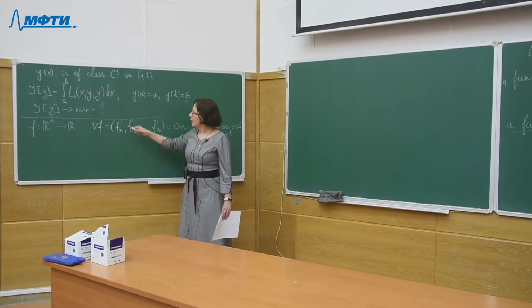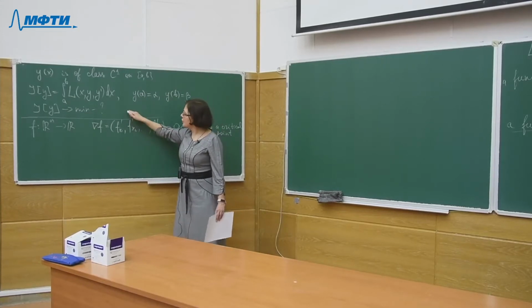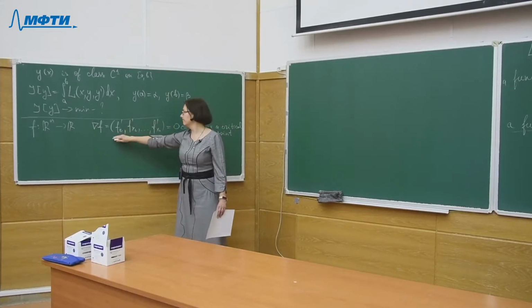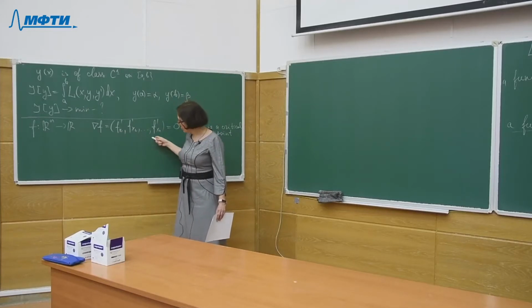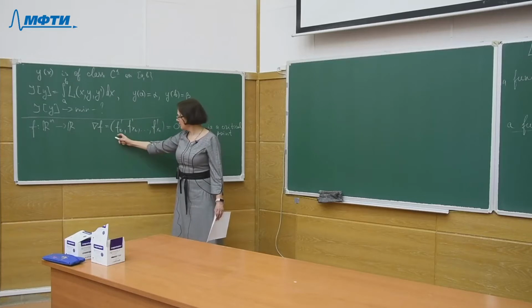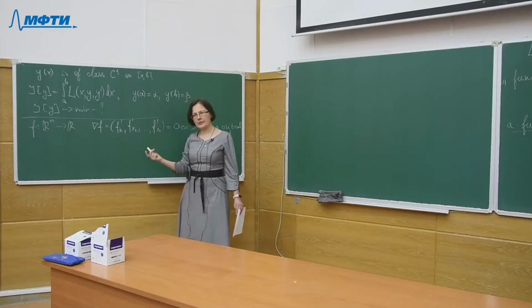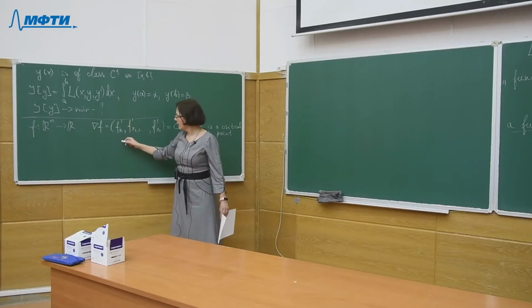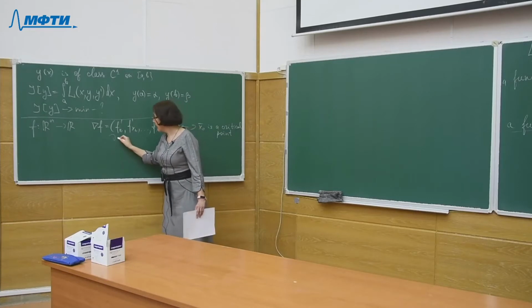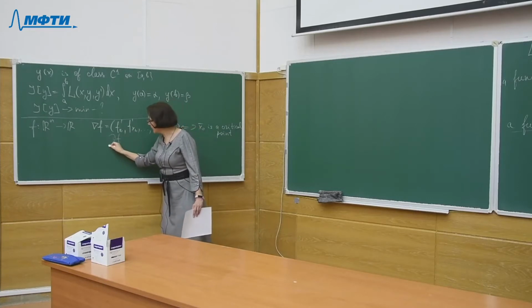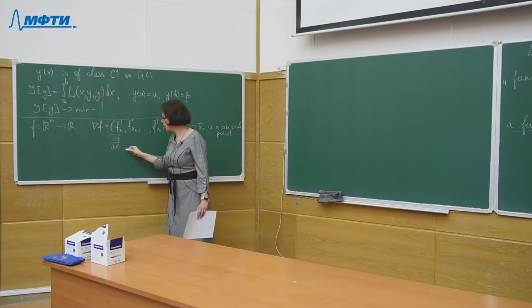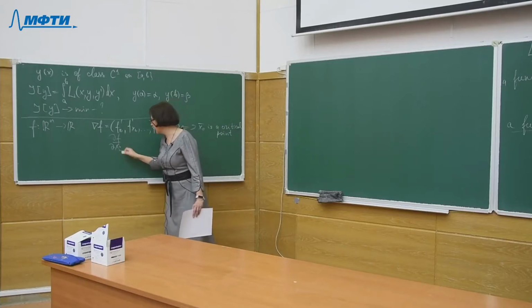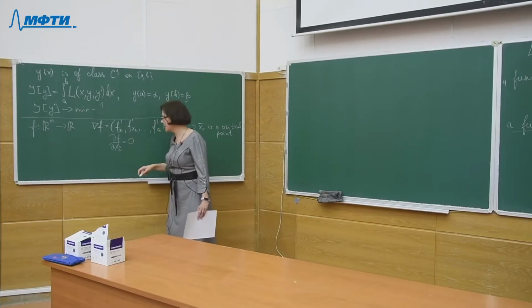What is the analogy of the gradient? For the gradient, we need n variables, and we find the partial derivatives with respect to each variable xi and equate to 0.